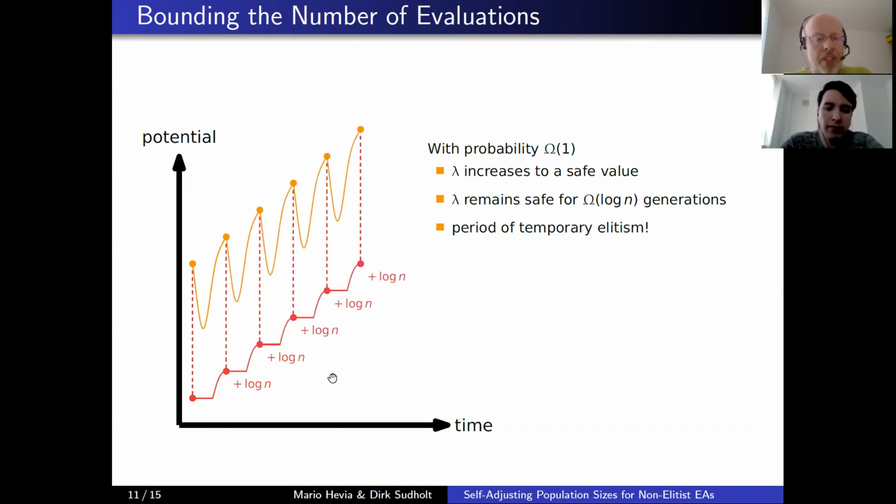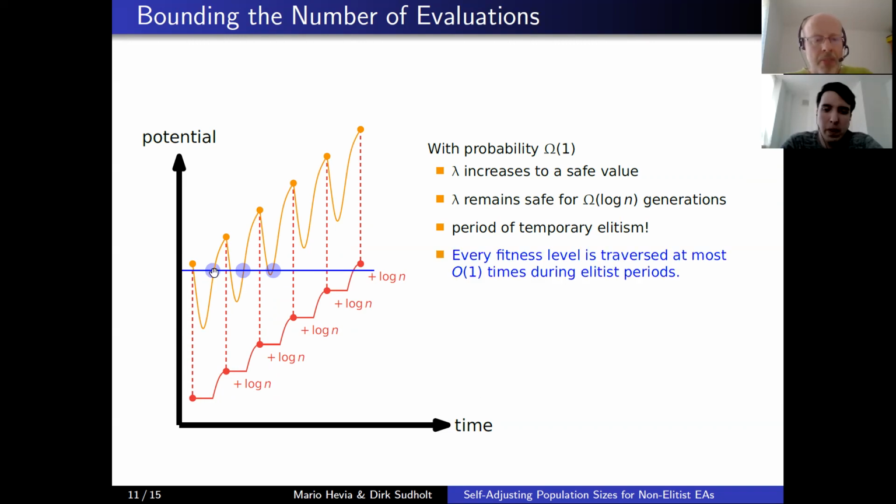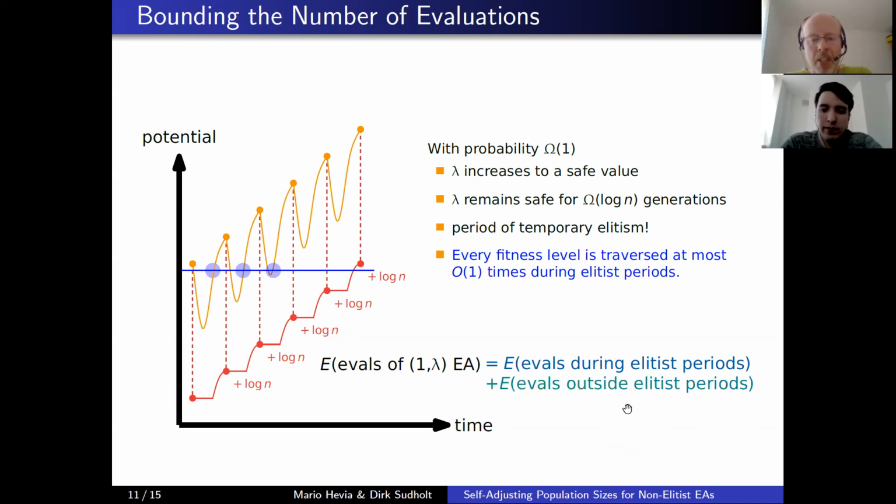And then we just iterate this argument over and over again until we can guarantee that we found the best fitness of n. One key observation here is that the number of times that we traverse a certain fitness level is just a constant during these elitist periods. And that's going to help us to bound the number of evaluations of the 1, lambda EA, as the number of evaluations during the elitist periods and those outside elitist periods.